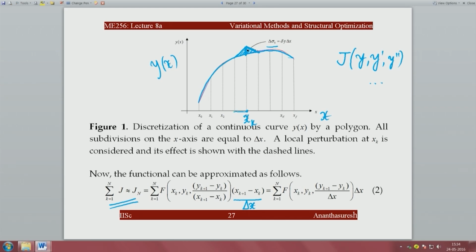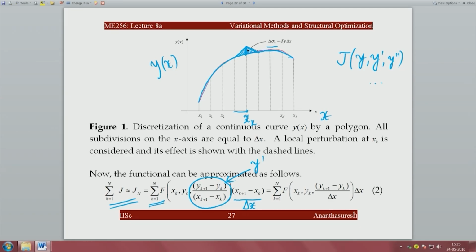If you notice, we have x_k, y_k, and instead of y', what we have put here is (y_{k+1} minus y_k) divided by (x_{k+1} minus x_k). It is basically a finite difference approximation of y'. So, I am turning the integration J into a summation over a discretized set of intervals.